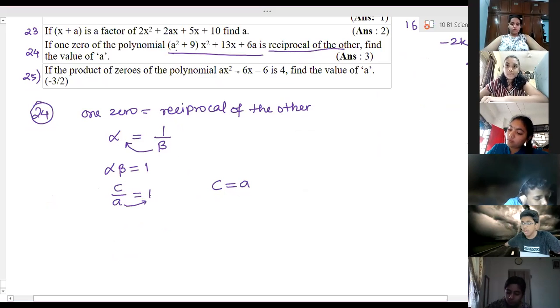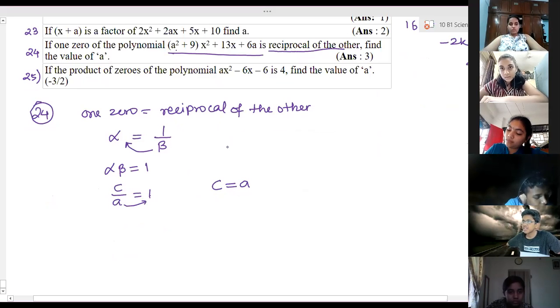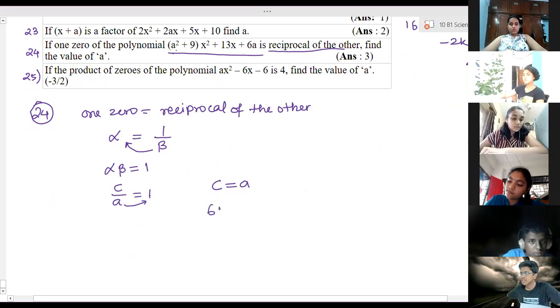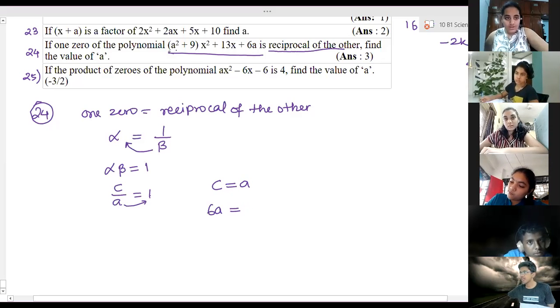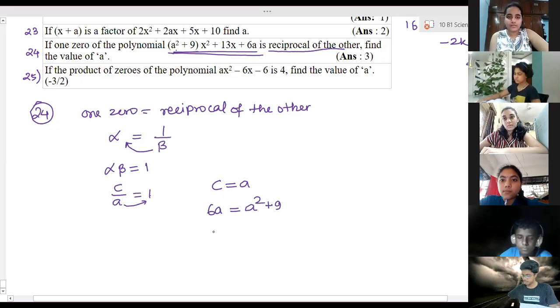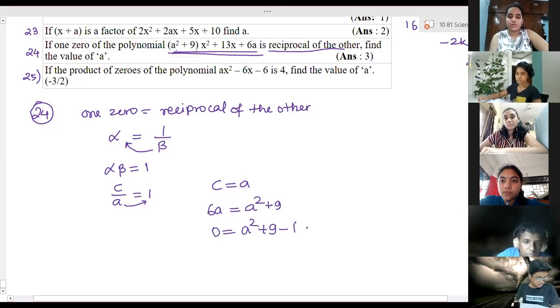In the given equation, what is the value of C? 6a. And what is the value of A? A square plus 9. And now simplify this equation. Bring 6A on other side. So 0 is equal to A square plus 9 minus 6A. Clear this step?